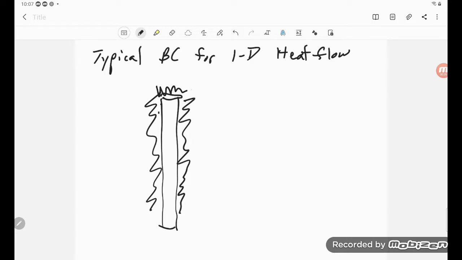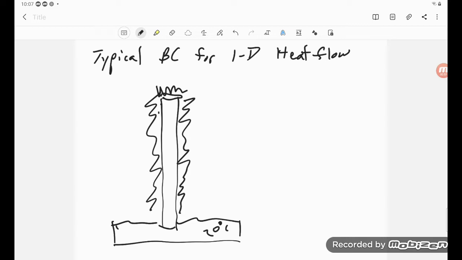And they say it might be insulated on the top, and then be put in a bath where I think this is 20 degrees Celsius.